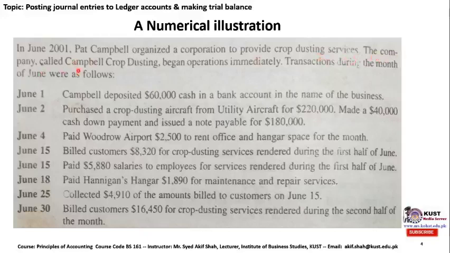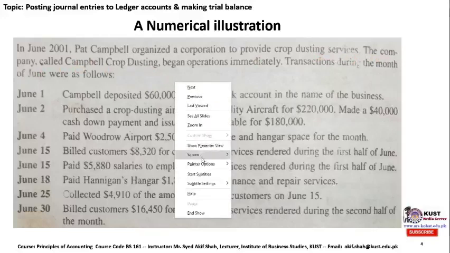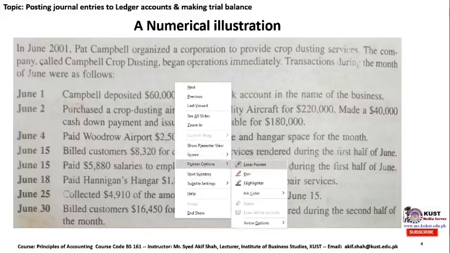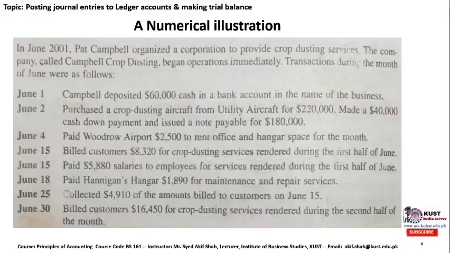Then the company called Campbell Crop Dusting. The name of the company he has selected, let me select the pen, the name of the business entity will be Campbell Crop Dusting.